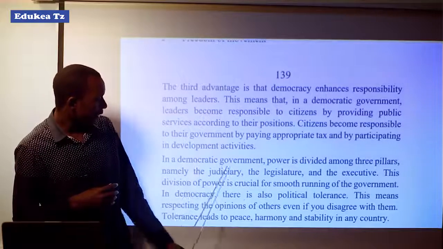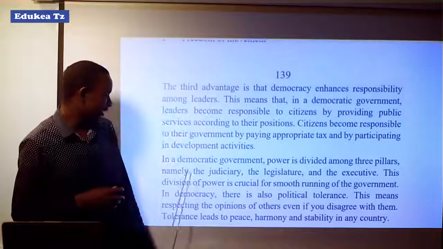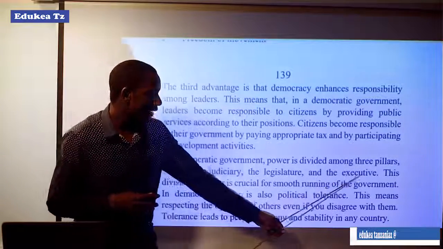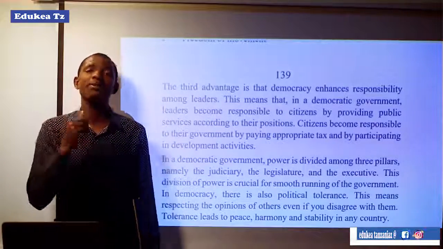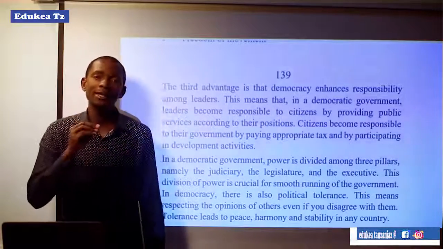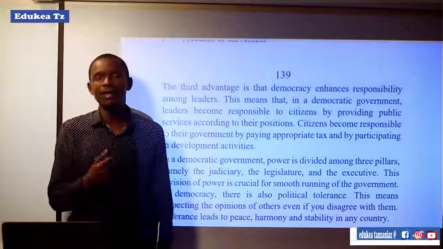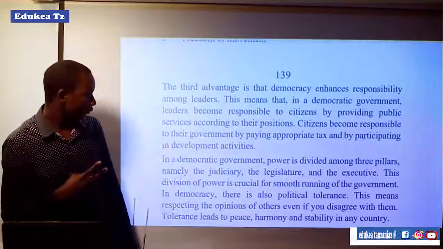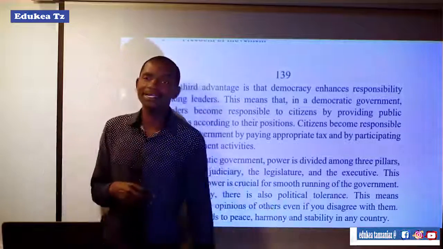Also, in democratic government, power is divided among three pillars, namely judiciary, legislature, and executive. So in a democratic government, there is separation of power, or the government is divided into three parts. That is the legislature, bunge, the judiciary, mahakama, as well as the executive.